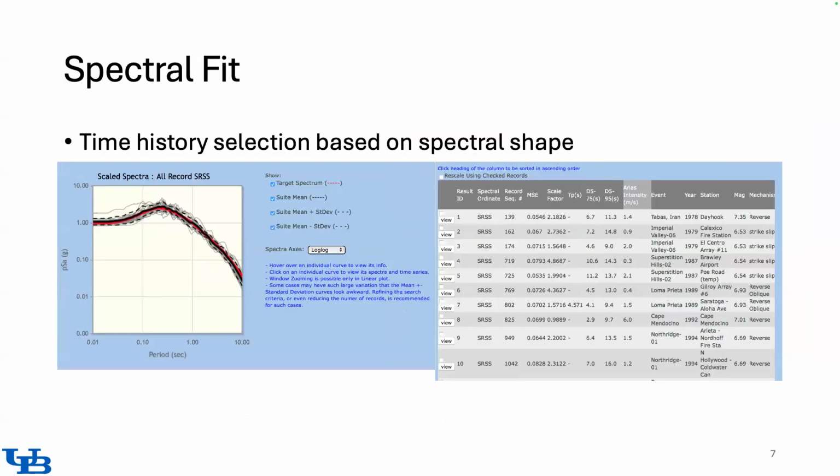Once we have this, these are all the time series that are scaled with some constant value, but they are ranked based on their error with respect to how well they match the input spectrum for the periods that we have defined.